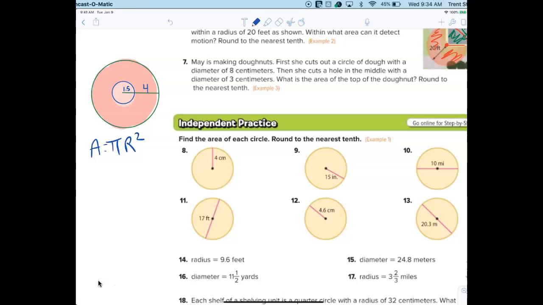What do I do? Good. 50.27, and this is centimeters squared. All right, so now what do I have to do?